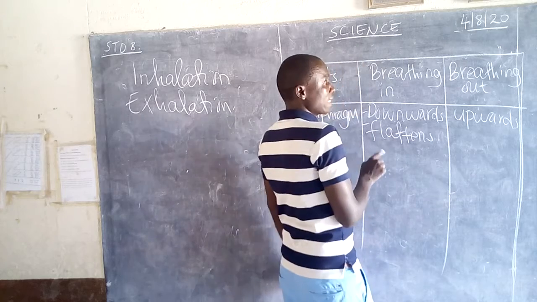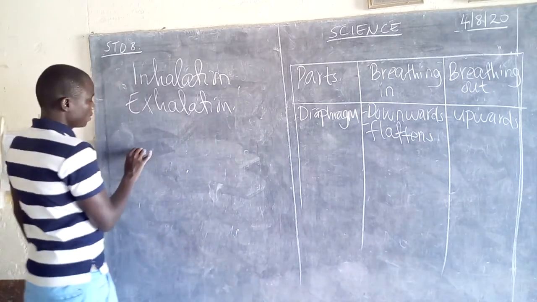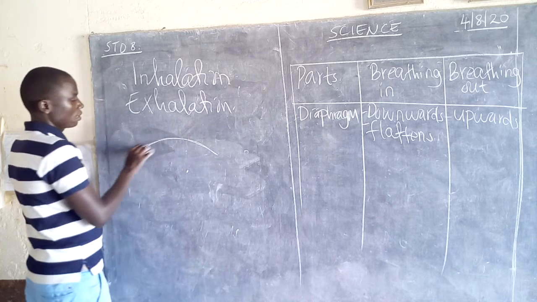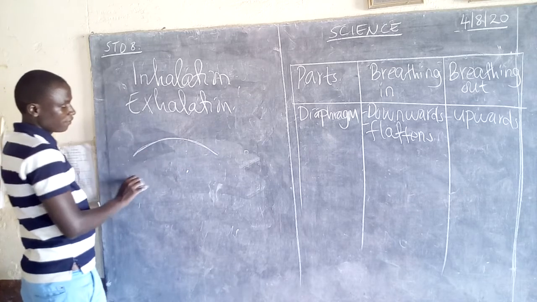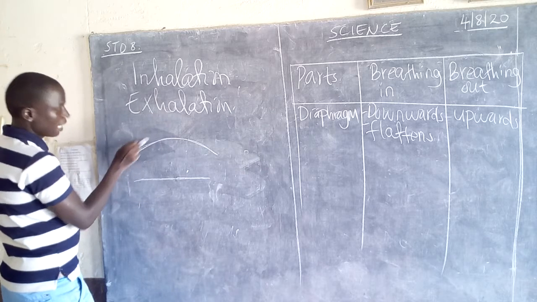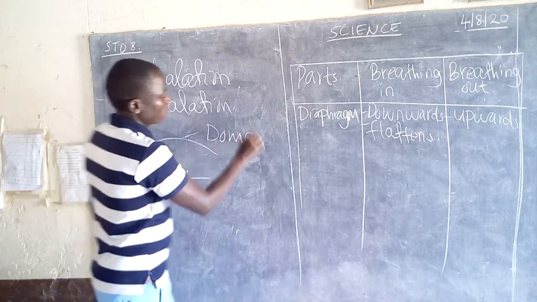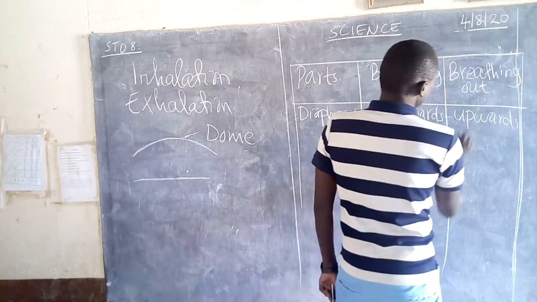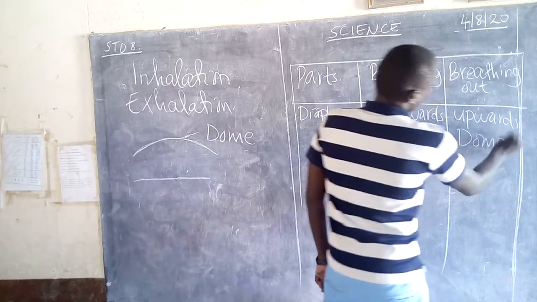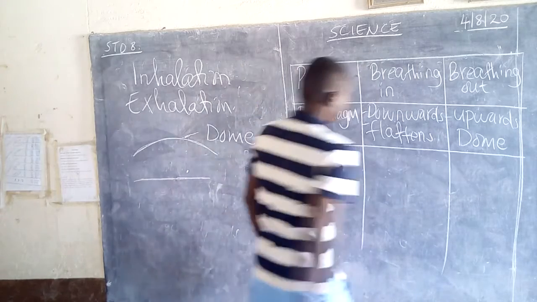Remember, this is the shape of the diaphragm, something with that shape. So when you're pushing it down, it flattens. When you're pushing it up, it forms a shape like this one. And this one, we call it what? Dome shape. It moves upward, forming a dome shape. That is all about the diaphragm.